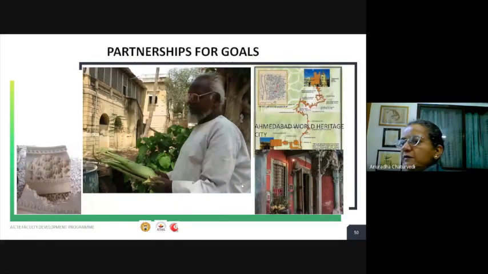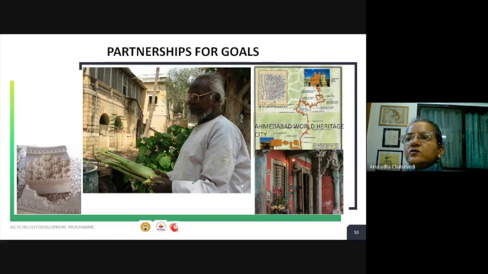So I would end by re-emphasizing that the 17th SDG, which is related to partnership for achieving the 16 development goals, is the most critical, and it's extremely important as far as training efforts are concerned to understand the scientific basis for some of our traditional knowledge systems and to ensure that there is a link and a partnership between the traditional knowledge systems as well as the scientific investigations which institutions and academics such as us undertake.